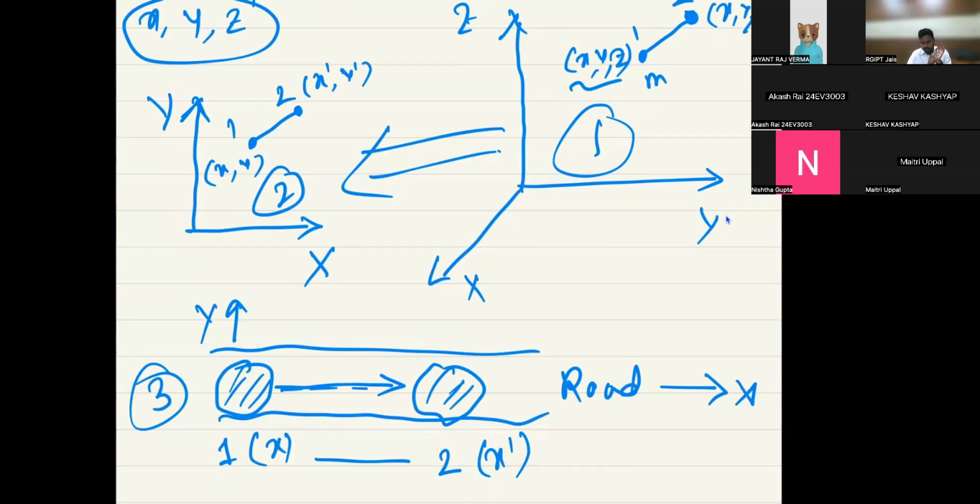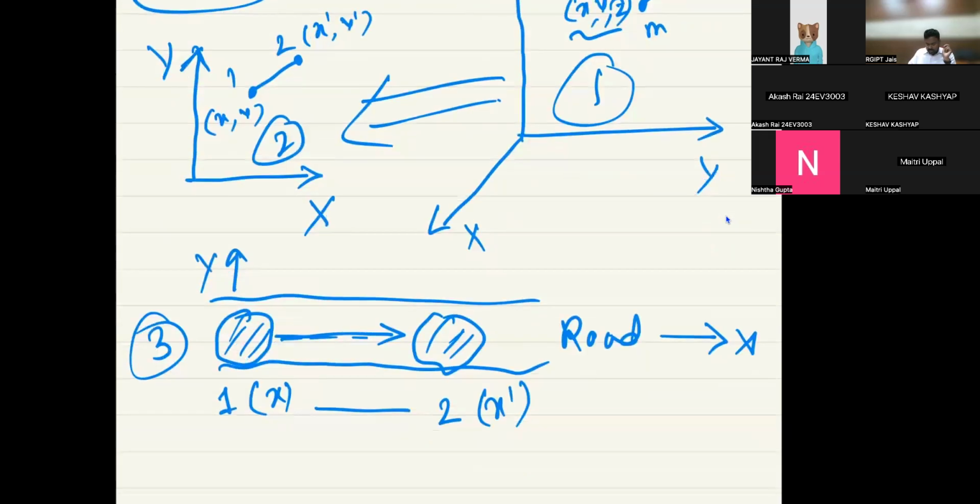In the second example the particle can move only on a plane and we needed two coordinates. In the third case we needed only one coordinate.